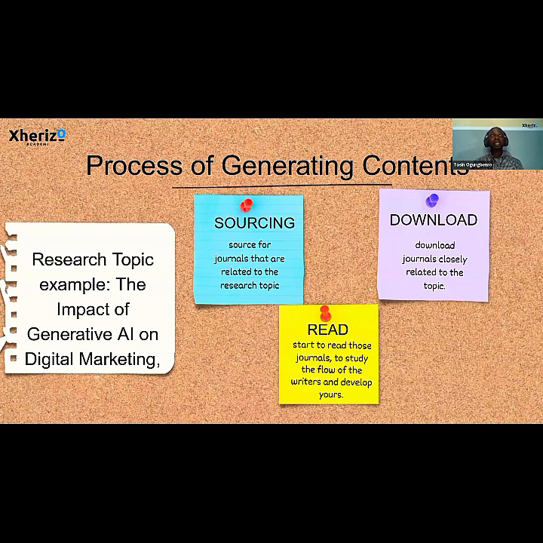For a start, just developing your background to the study alone, you can read 20 journals. What I'm teaching here is organic content generation, not, these days, people use AI to generate content.